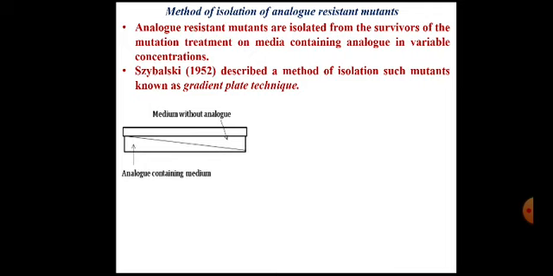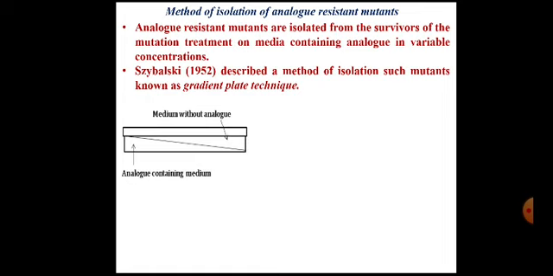If we see from left to right, what will happen? The analog which is present in the medium at the bottom will diffuse to the top. The distance required for the diffusion of this analog from bottom to top increases when you go from left to right.